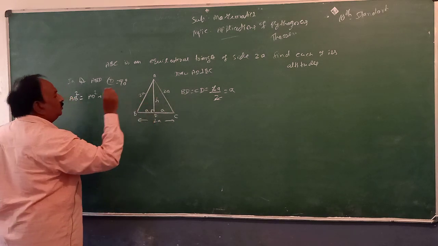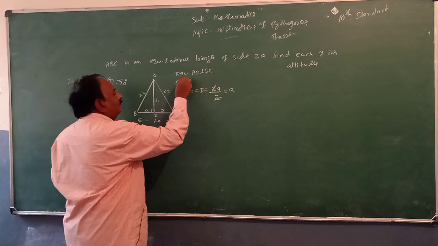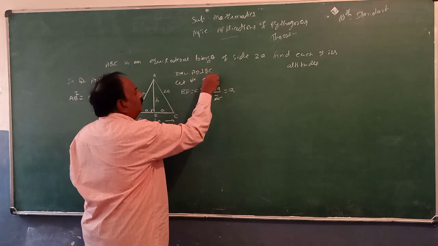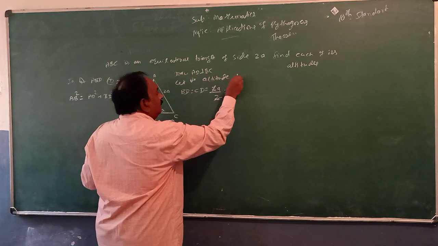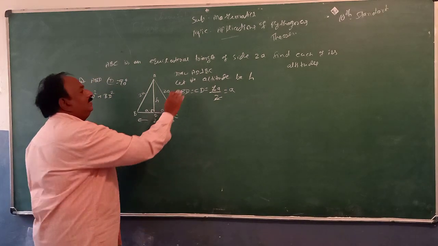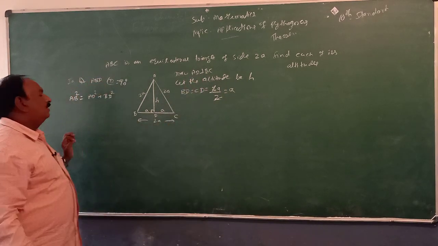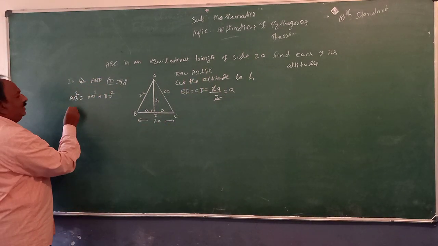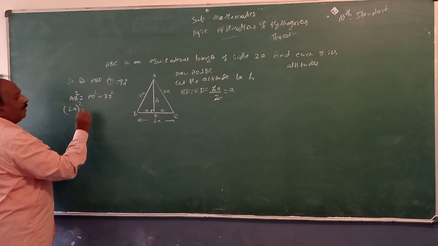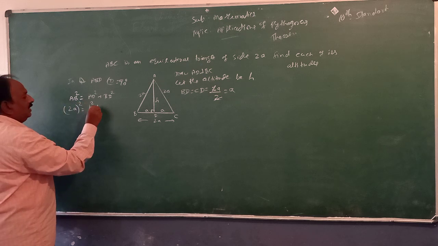Call it altitude H. Let the altitude be H. So what is AB? 2A whole square. What is AD? H square.